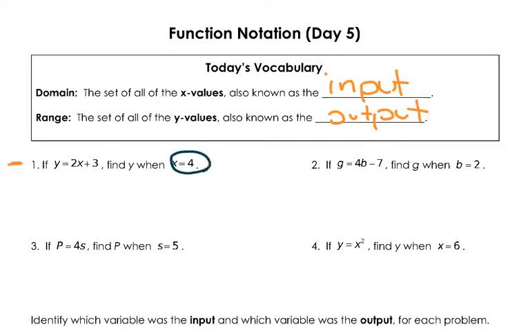So the input here is 4. So basically what we're doing, we're going to input the value of 4 and replace it every time we see the variable x. And what we're looking to get out of this is the output, which in this case is y.